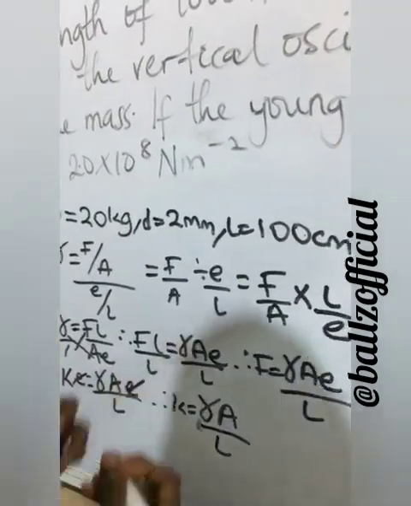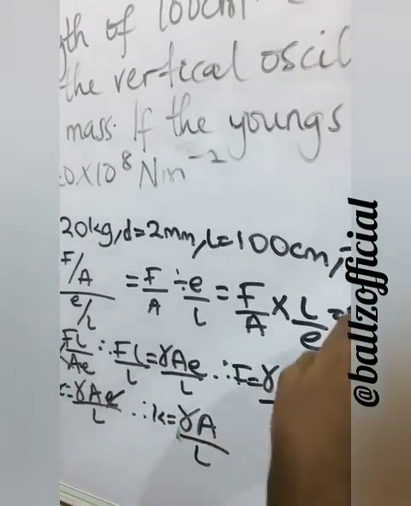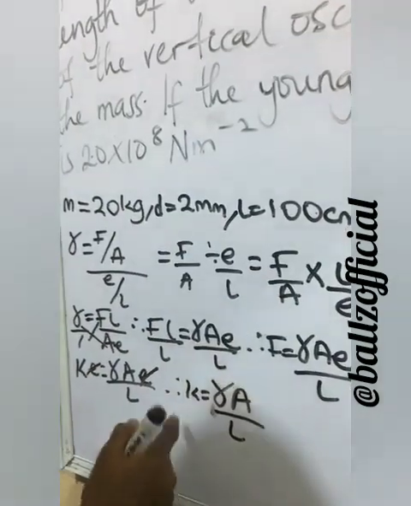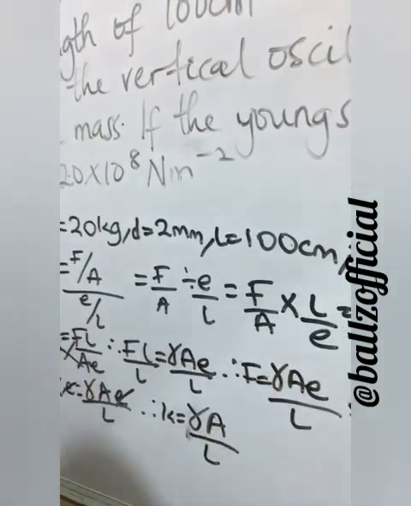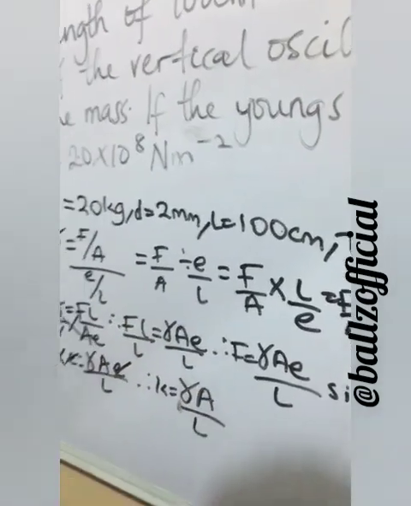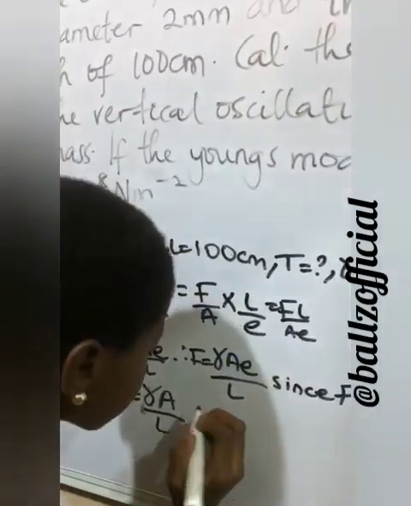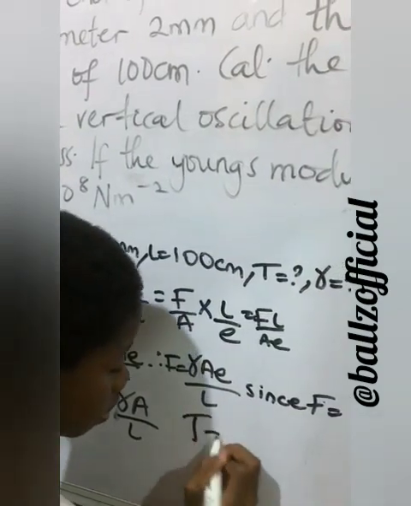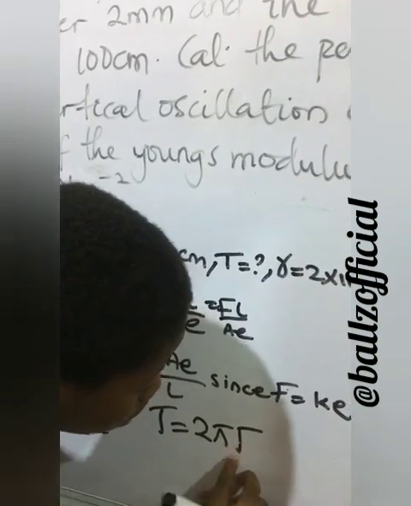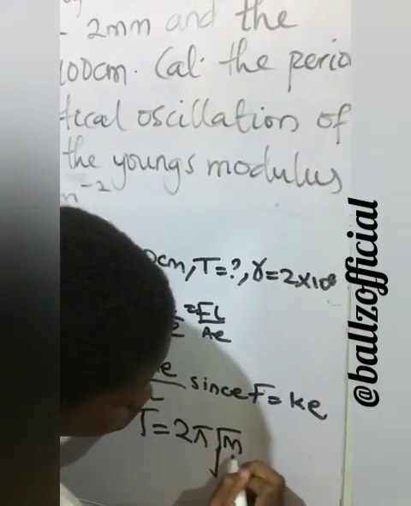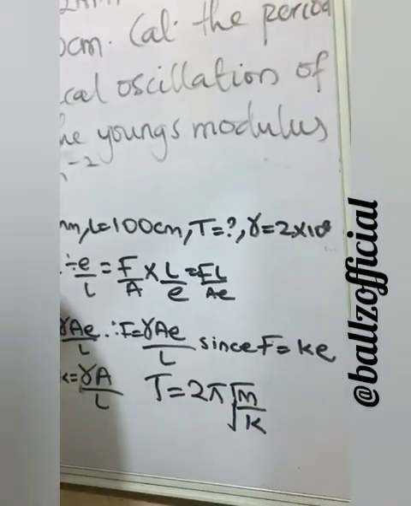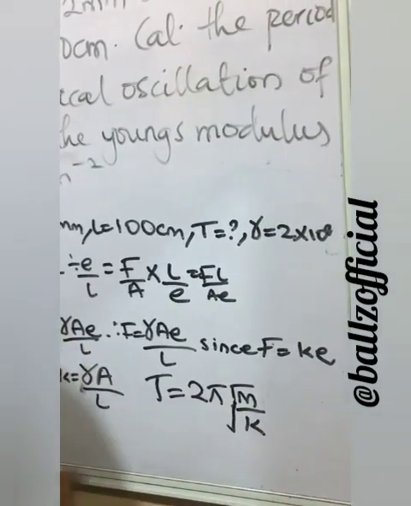So that's K. So we are looking for period, which is T, and the one that connects all these quantities with period is T is equal to 2 pi root m over K. As you can see, we know that K is Young's modulus times area all over the length.